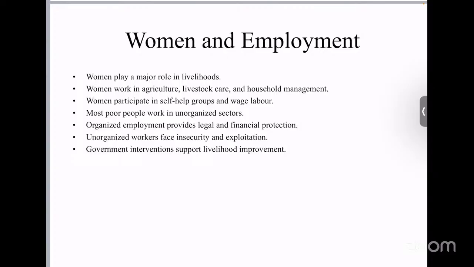Entrepreneurship and enterprises are important for livelihood improvements. Small businesses and local enterprises can create employment opportunities and improve local economies. However, entrepreneurs require training, market access, infrastructure, credit facilities, and policy support.